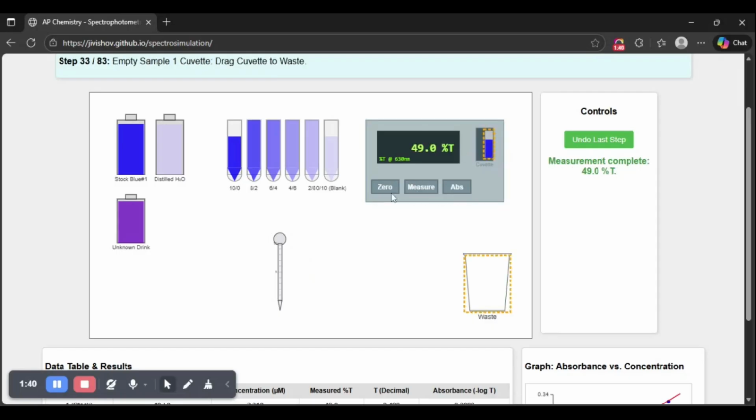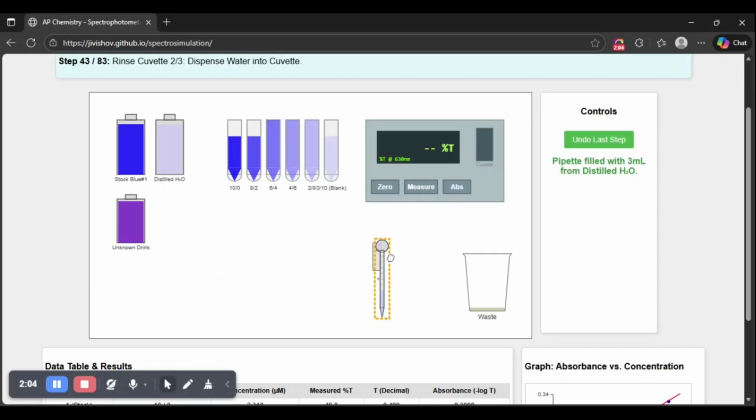I'm going to measure each. Get rid of it in the waste bin. Rinse it off. Dump the excess. And keep on going. We're going to measure it.